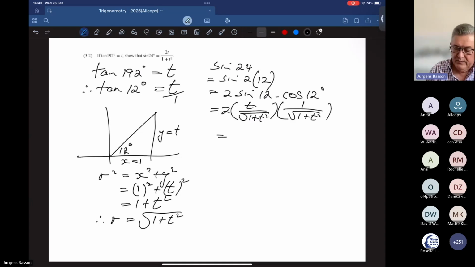You see, 2 times t gives you the 2t. Square root times that square root gives you 1 plus t squared. And as you can see, that is what the question asks us to get. So a little bit of a more interesting one, I didn't just want to do the normal ones. I thought I'd show you something that's a little bit more exciting as well.